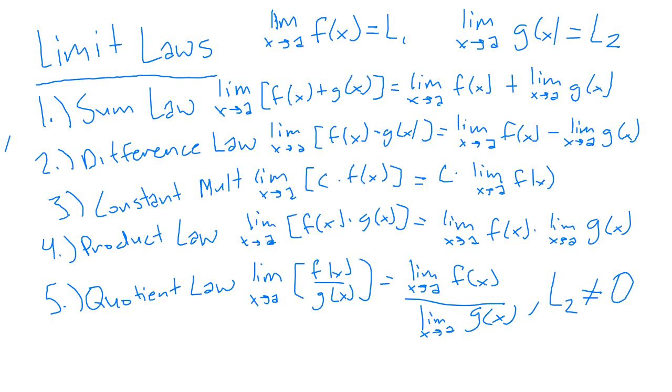And then just 2 more quick laws, and then we can go ahead and start playing around with these, doing some examples. So we have our 6th limit law, which is going to be our power law.